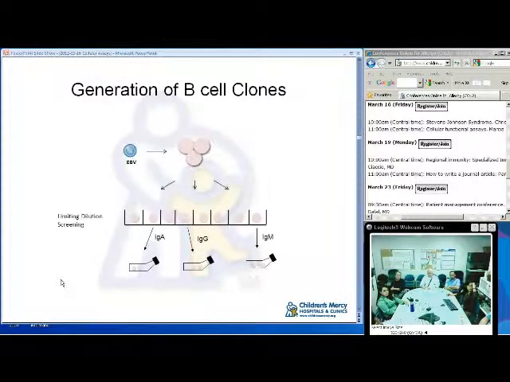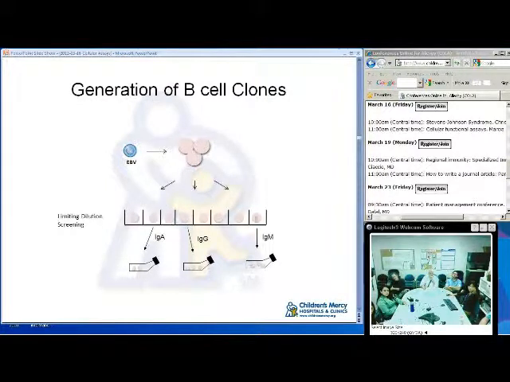If we wanted to generate a B cell clone, for instance, we can take a population of B cells from, say, peripheral blood or a lymph node. We can infect those cells with Epstein-Barr virus, which basically immortalizes the cells. Then by what is referred to as limiting dilution screening, we can isolate these cells so that we have one cell per well.